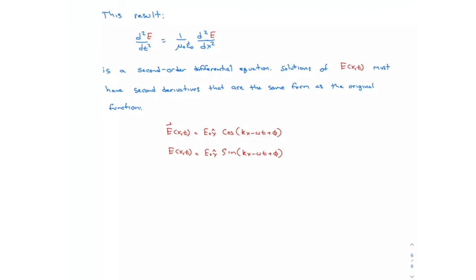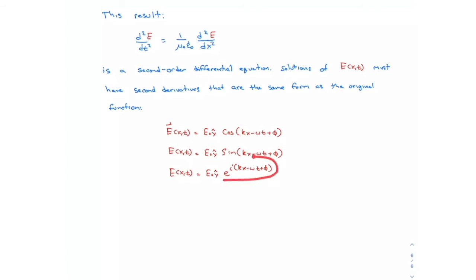There's one more function that when we take the second derivative of, we get the original function. Any ideas? Yeah, it's the exponential function. So we can say something like this. And remember when we were doing phasors, we said that we could represent a cosine function as the real part of a complex exponential.